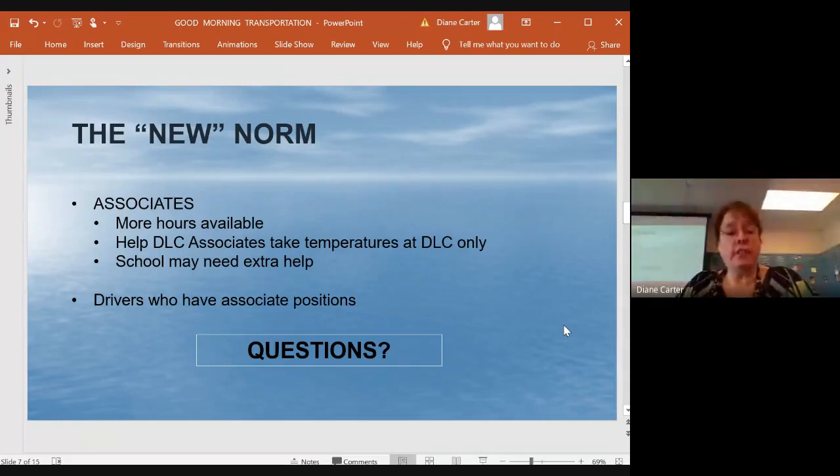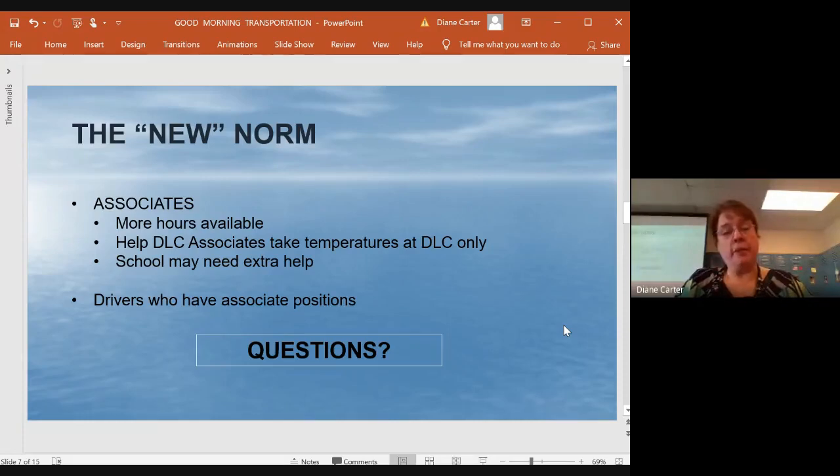As far as associates go, there's going to be more hours available. If you have a kindergarten route, you will be required to help the associates take the temperatures. Right now, what we've worked out with Mrs. Bogot is that when the bus arrives at Dearson, it's going to pull up.